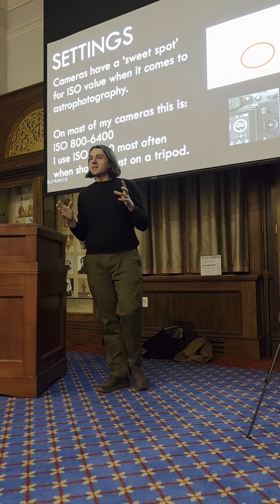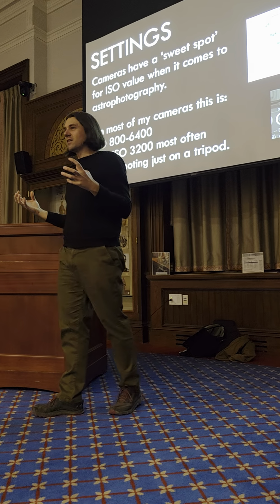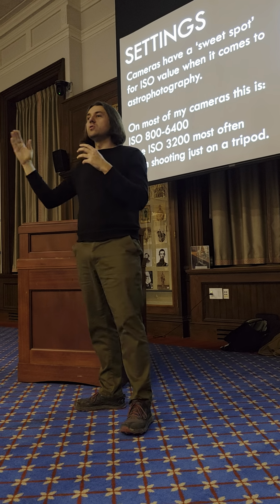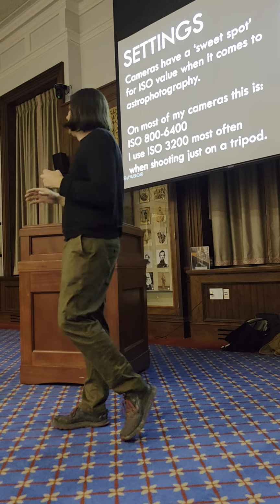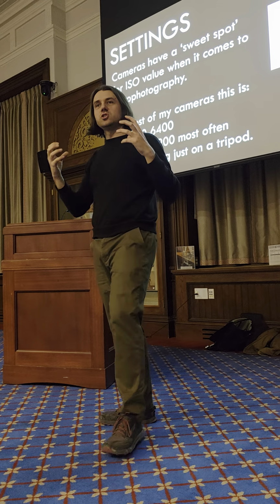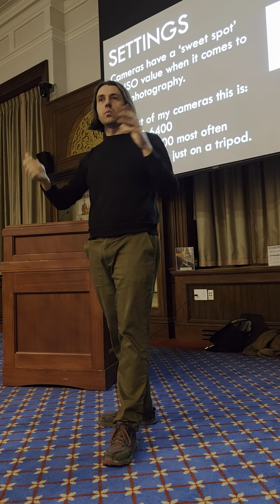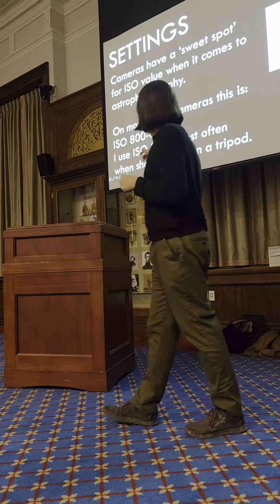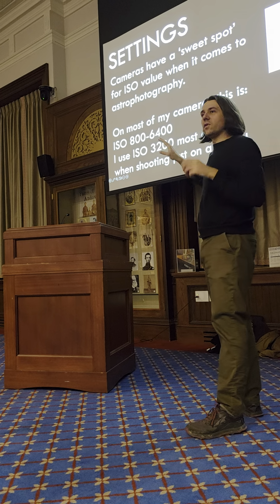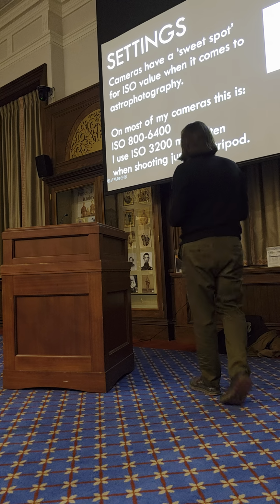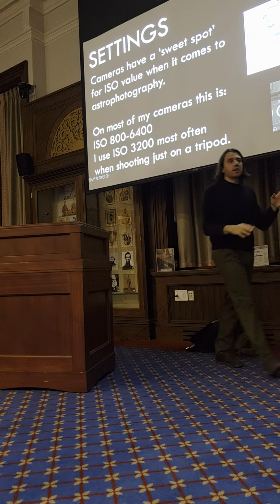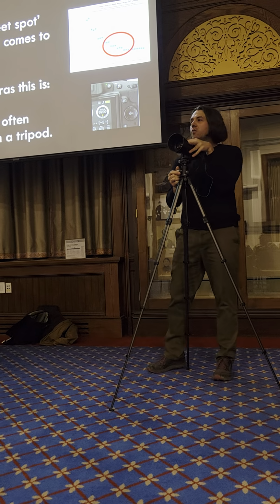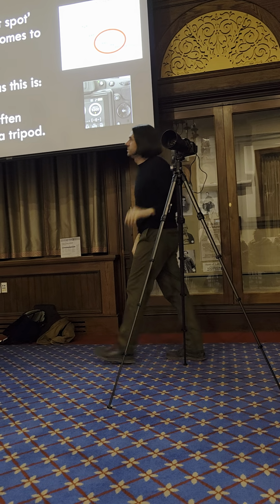This is a little bit different if you're coming from the normal photography world, where you're often told use low ISO, use ISO 100, 200. For astrophotography, because we're shooting the night sky, which is so dark, we want to use a higher ISO. So usually 800 to 6400 is the best sort of spot. And the ISO that I use the most often with a setup like this, where it's just a DSLR on a tripod, is 3200.